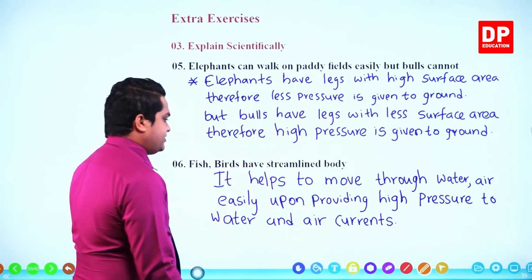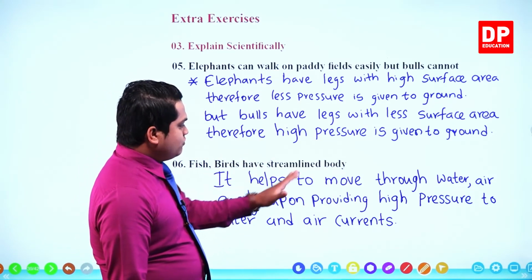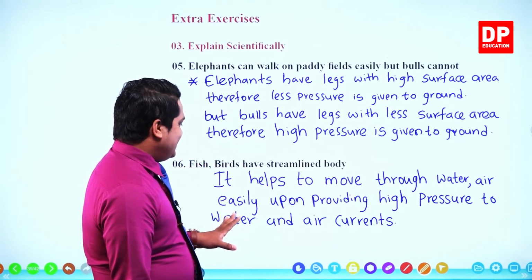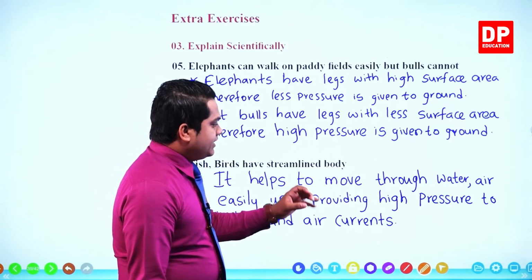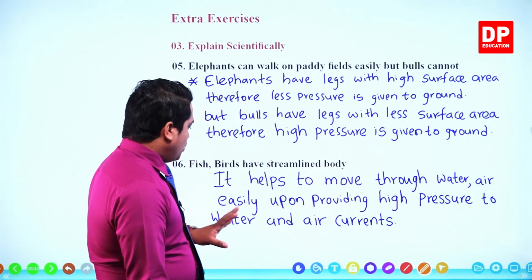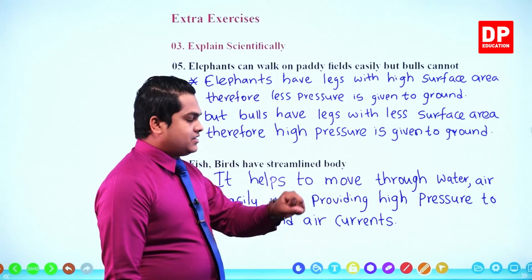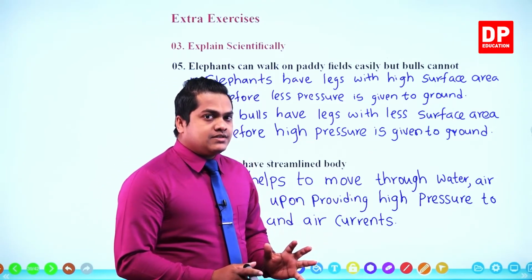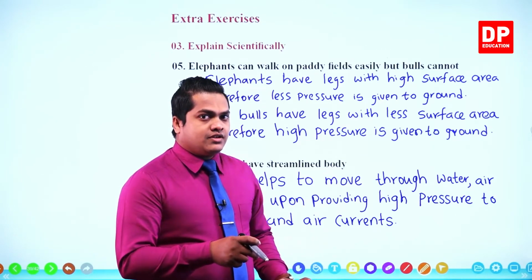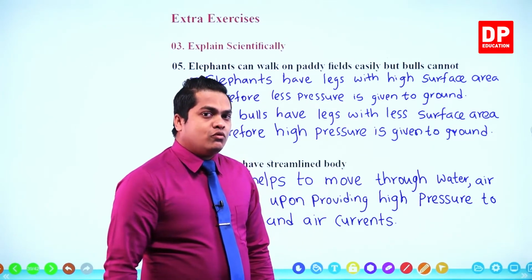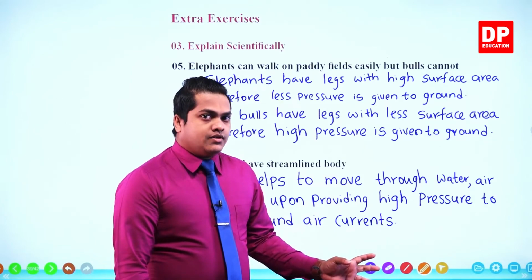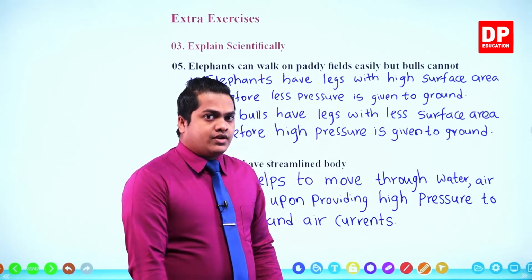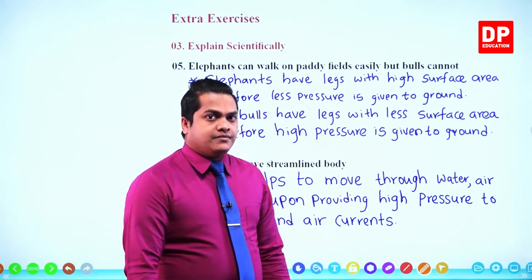Currents means streams. Upon providing high pressure to water and air currents, birds or fish can easily move through water and air. Fish can easily move through water, birds can easily move through air.